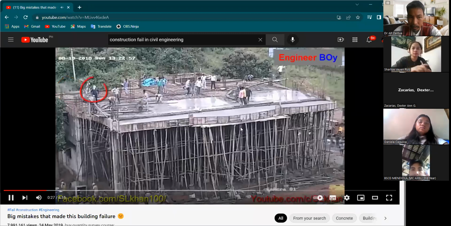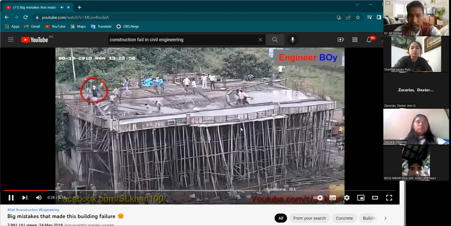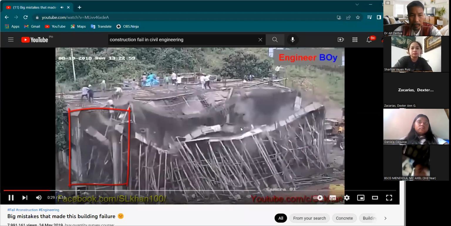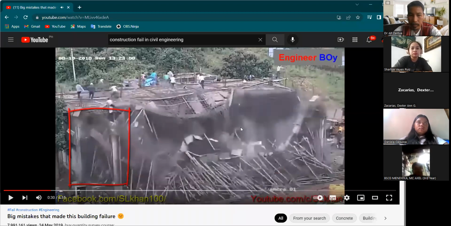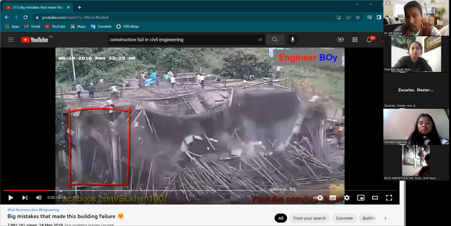So the wheelbarrow, and then it fell. All of the slab. Slab meaning, when we are talking of slab, that is the flooring, right? The floor with concrete. So all the floors with wet concrete, they fell on the ground.